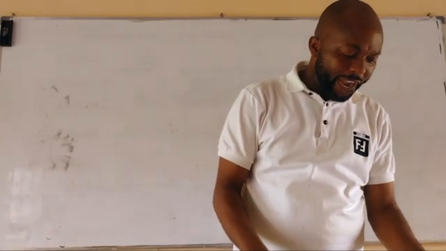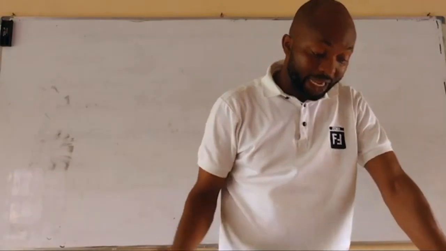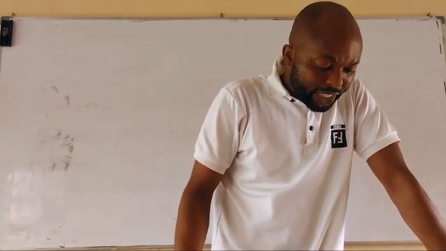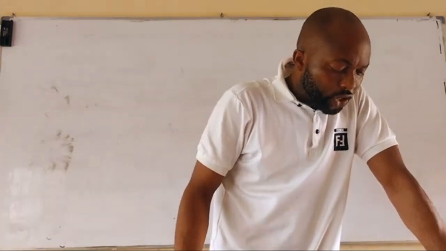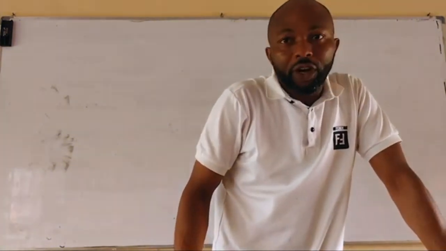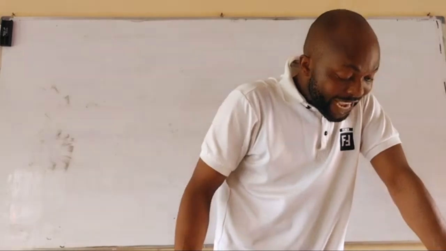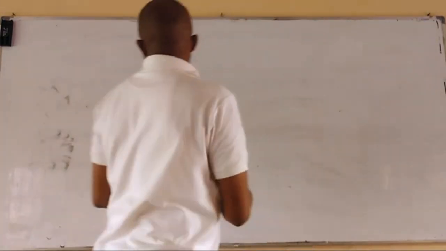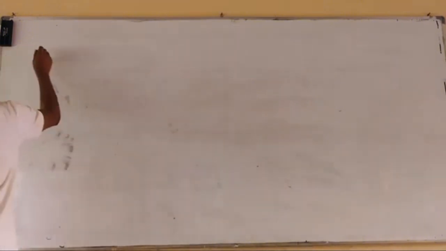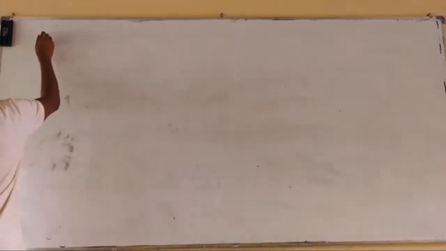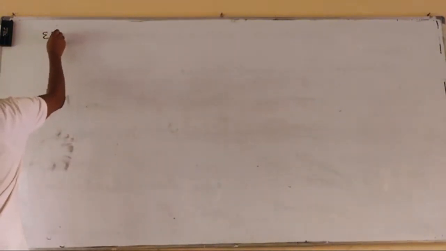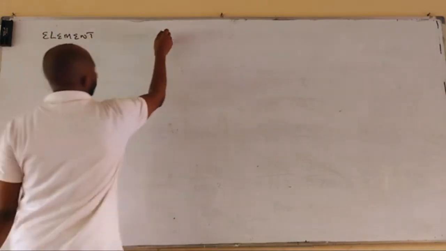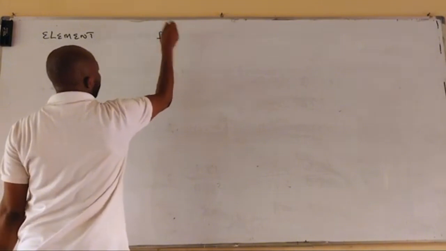Question number 2 says, find the empirical formula of an oxide of iron containing 70% iron. So we want to find the empirical formula of an oxide that contains 70% of iron. So element given or element present: this is iron.